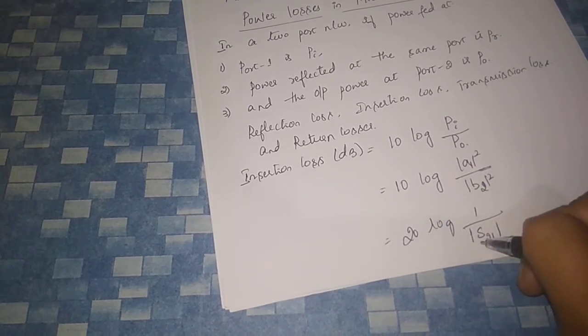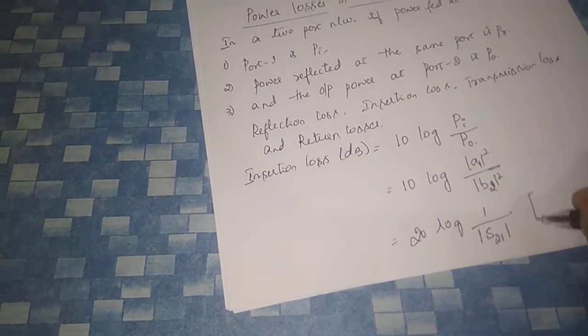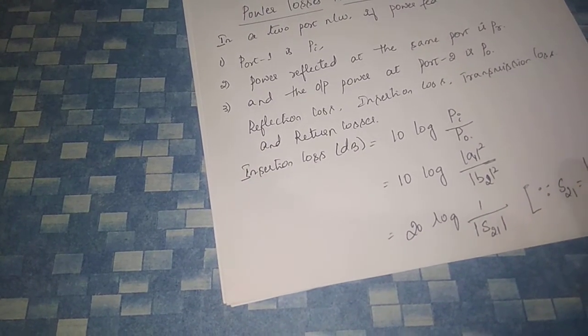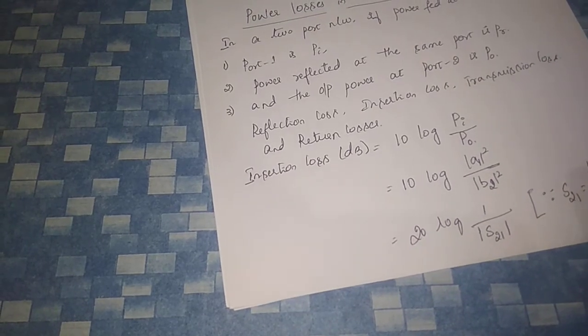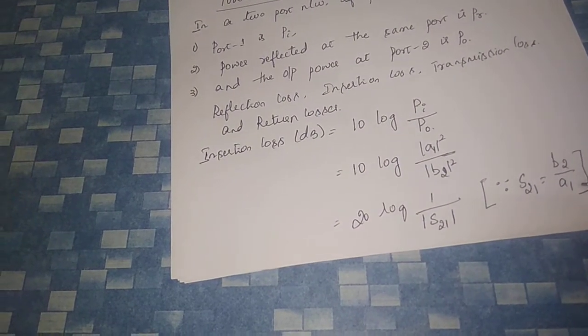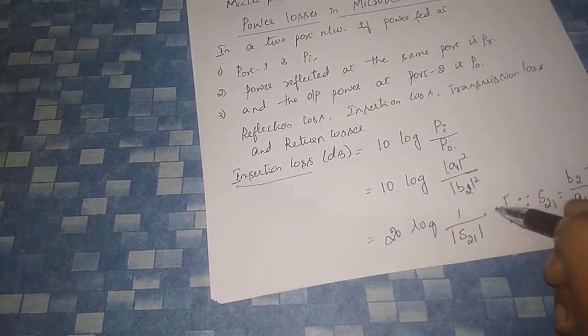We are writing insertion loss in terms of S parameters. This is because S21 is equal to B2 divided by A1. This is the insertion loss in dB.